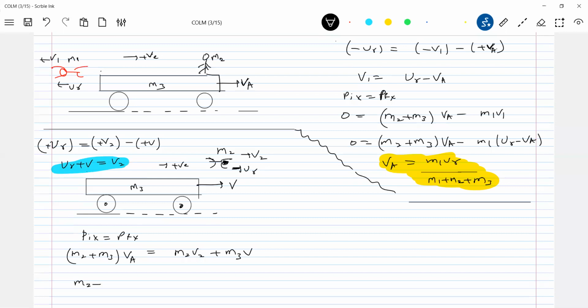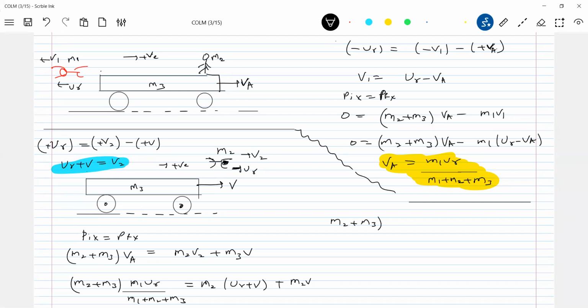So M2 plus M3, VA is M1 UR by M1 plus M2 plus M3, equals M2 into UR plus V, plus M3 V. I think some big formula will come.